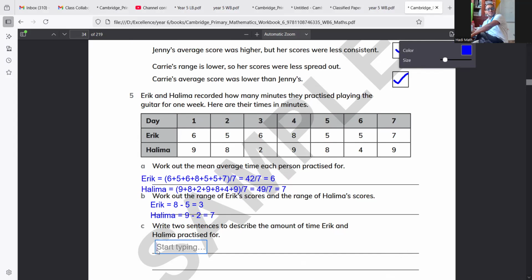Regarding the mean, we could say Halima's average score was higher than Eric's.